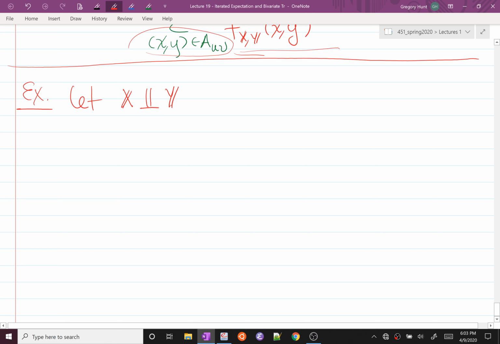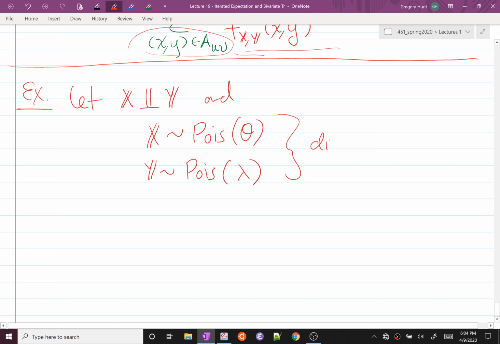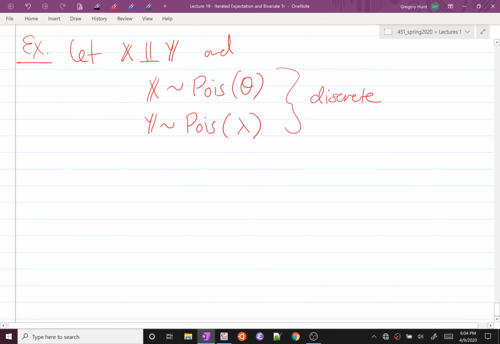So x independent of y, and marginally, x is going to have a Poisson distribution with parameter theta, and y is also going to have a Poisson distribution with a different parameter lambda. Right, so these are discrete. We know the marginal of x, we know the marginal of y, and we know how they're related. They're independent. So we have enough to specify the joint PMF of x and y.